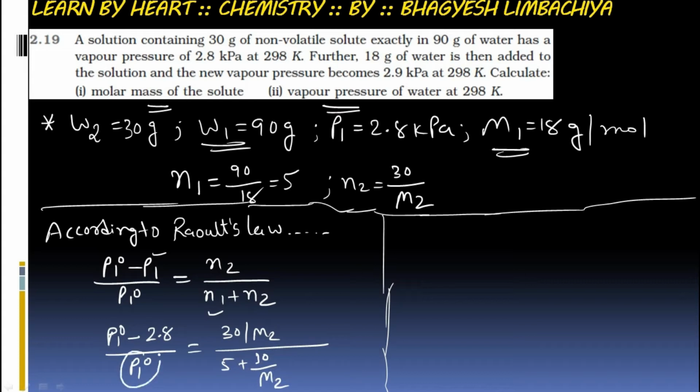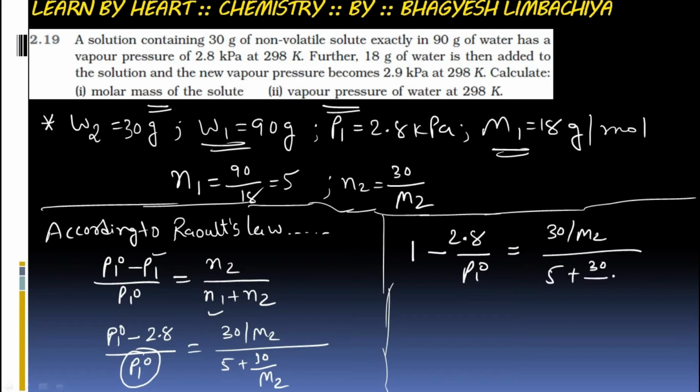Now here P1⁰ is taken as LCM. So P1⁰ upon P1⁰, that is 1 minus 2.8 upon P1⁰ equals 30 by M2 divided by 5 plus 30 by M2. Now this term is shifted to the right hand side, and this term is shifted to the left hand side.